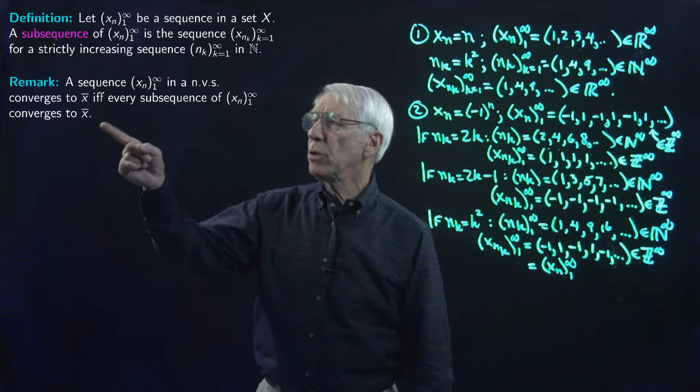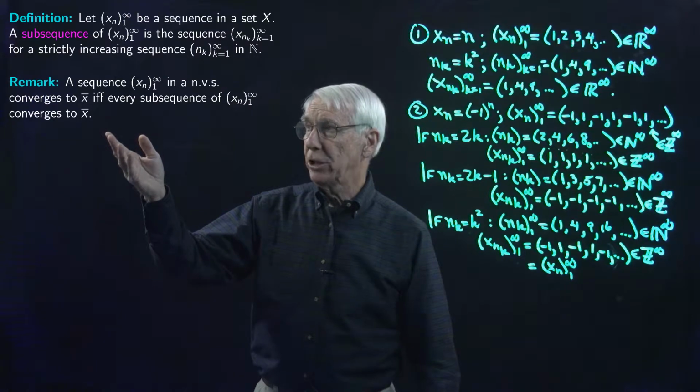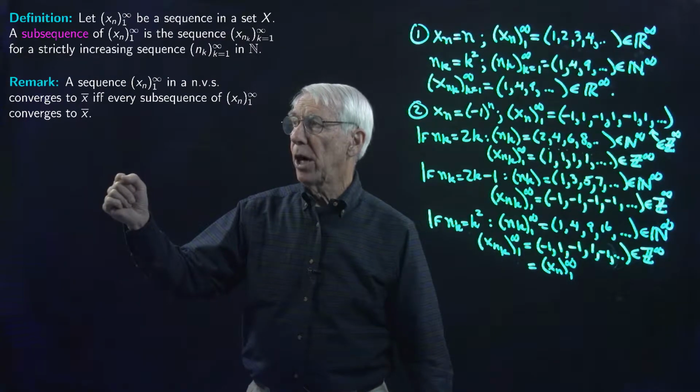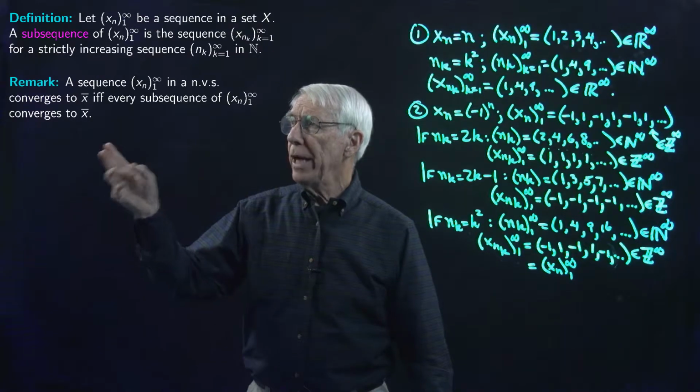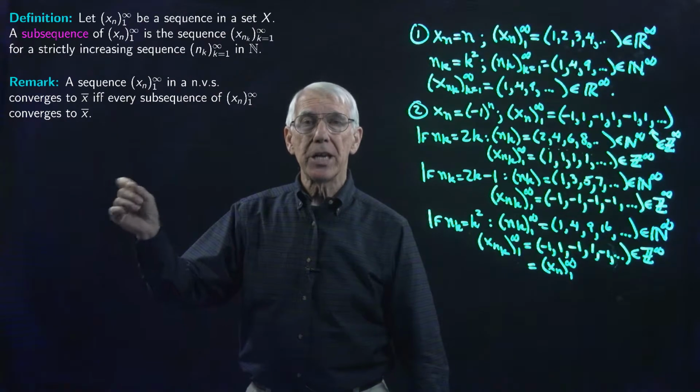And let's now note a remark about subsequences. If we have a sequence, in any normed vector space, that converges to some point in the space, x bar, then every subsequence has to converge to that same point as well.